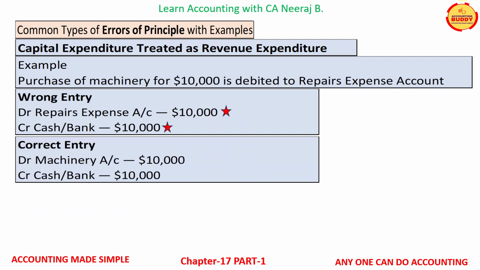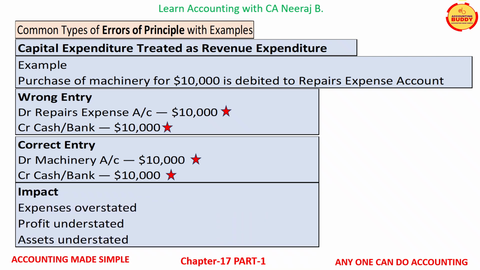Whereas the correct entry is debit machinery account for $10,000 and credit cash or bank account by $10,000. Now the impact of the above error is expenses are overstated, profit is understated, and the asset is also understated.